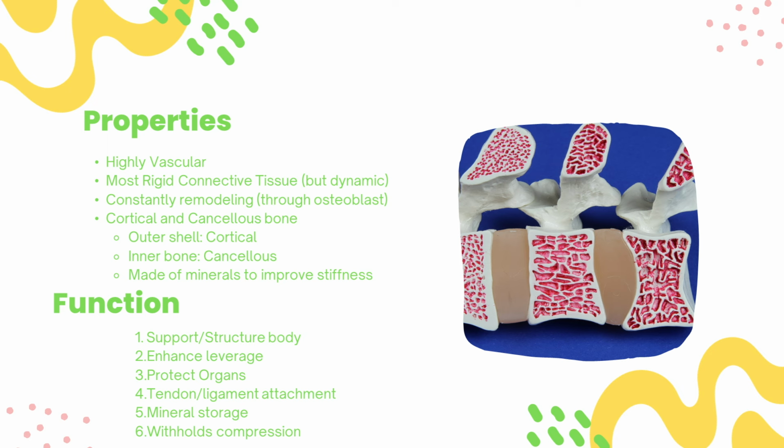Because the bones are strong, they are going to protect and provide that support as well. Bones also are sites for the tendon and the ligament attachment. So the structure of our bodies and the movement of our bodies only occur by the bone structure and those tendon and ligament and muscle attachment through those bones.